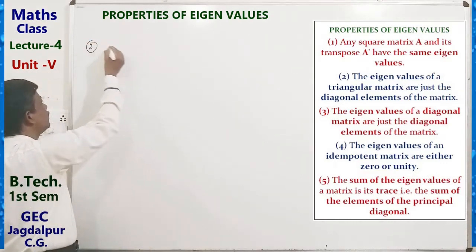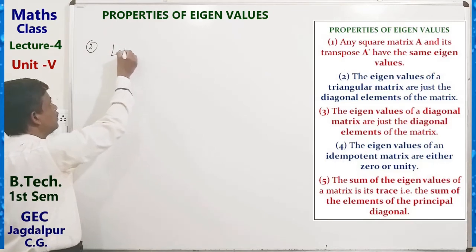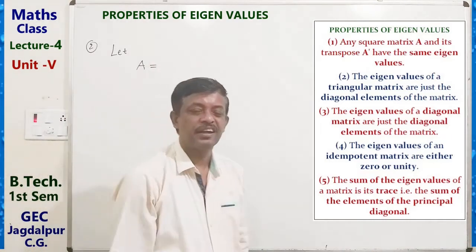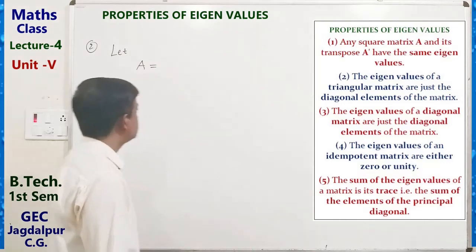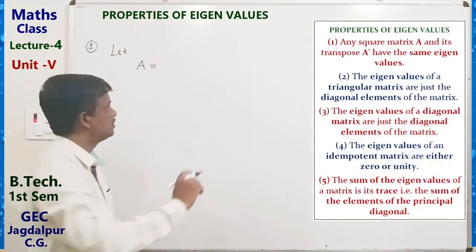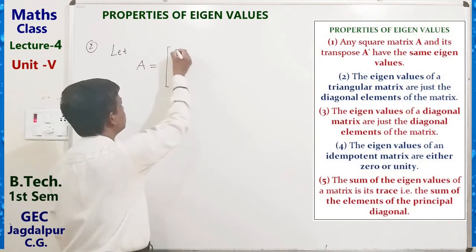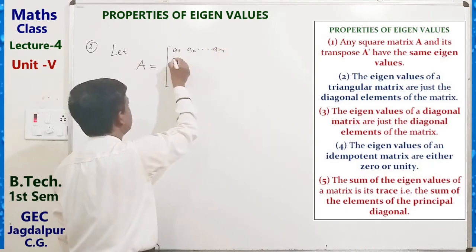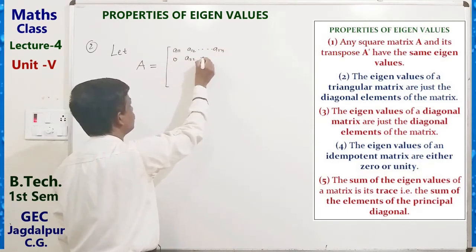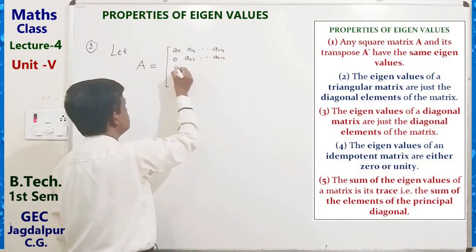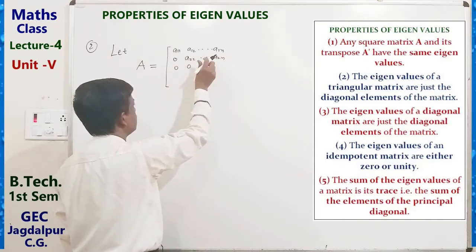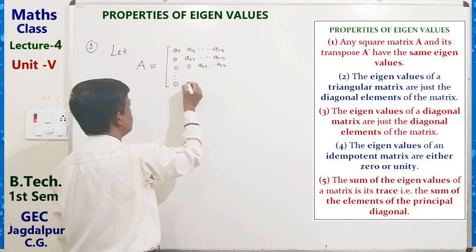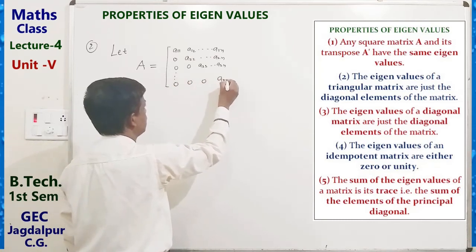So here, second, let A be a triangular matrix. Write the triangular matrix like this: a11, a12, up to a1n; 0, a22, up to a2n; 0, 0, a33, up to a3n; and so on down to 0, 0, 0, ann.